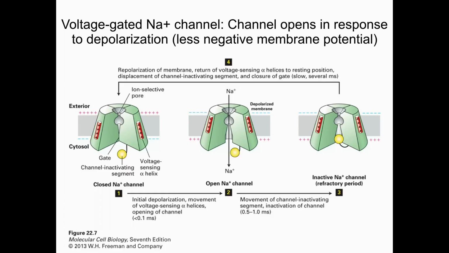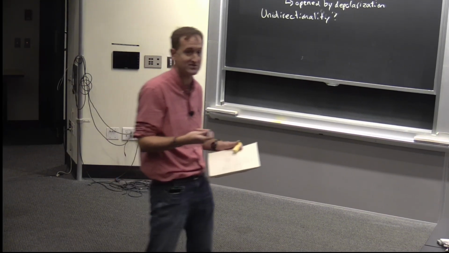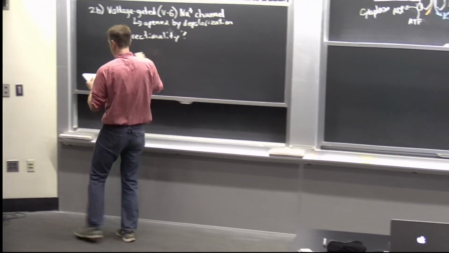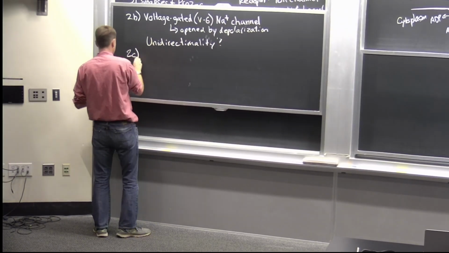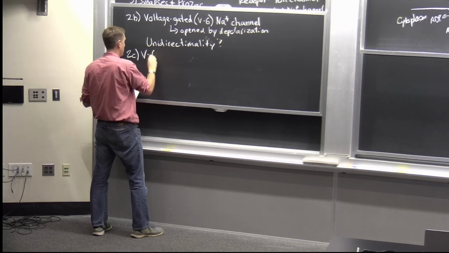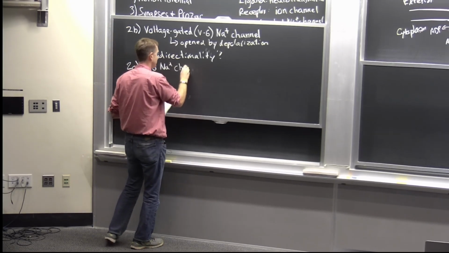So these sodium channels open to let in sodium ions, but then they're immediately inactivated after about a millisecond, okay? And so that enables unidirectionality. Okay, so this is what I'll call voltage-gated sodium channel inactivation.